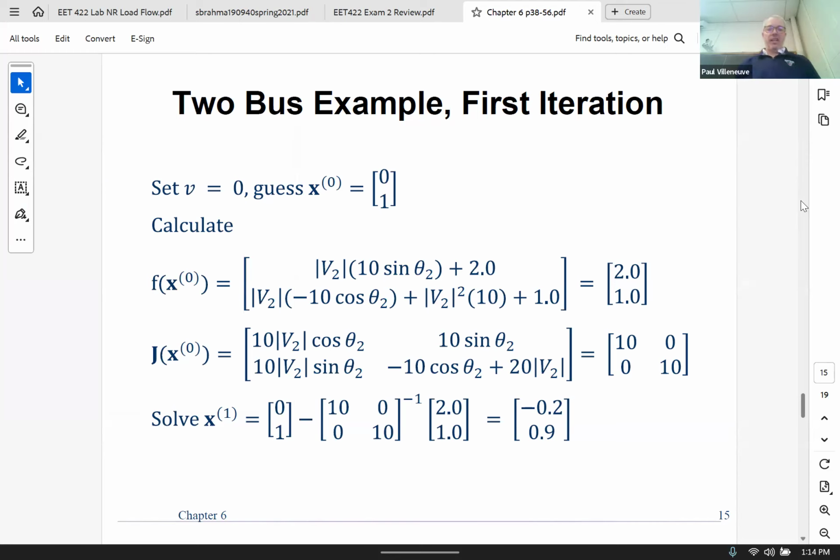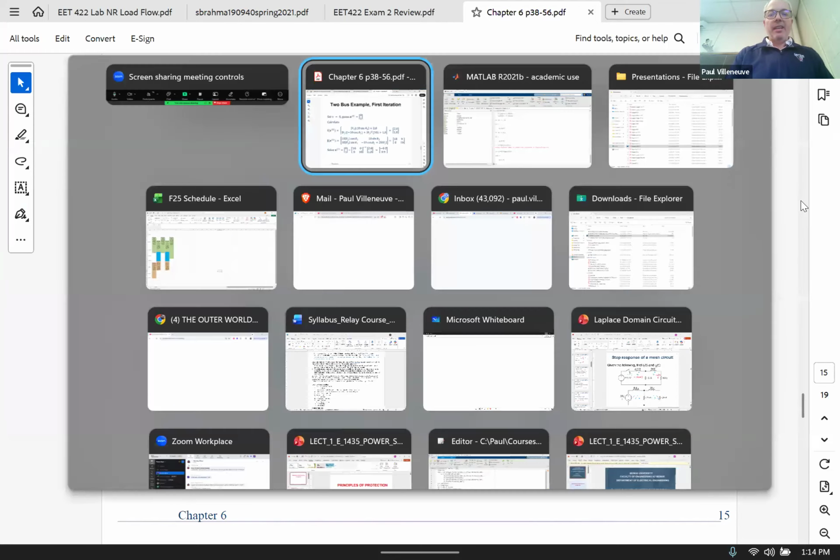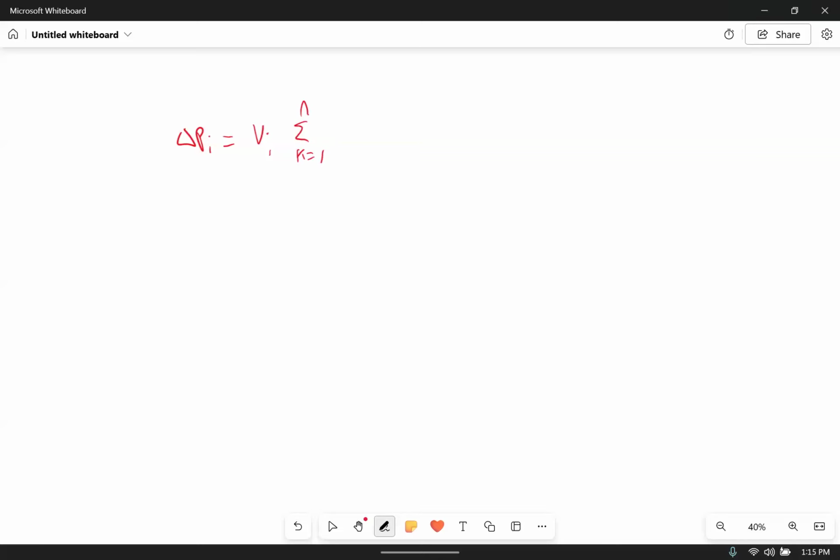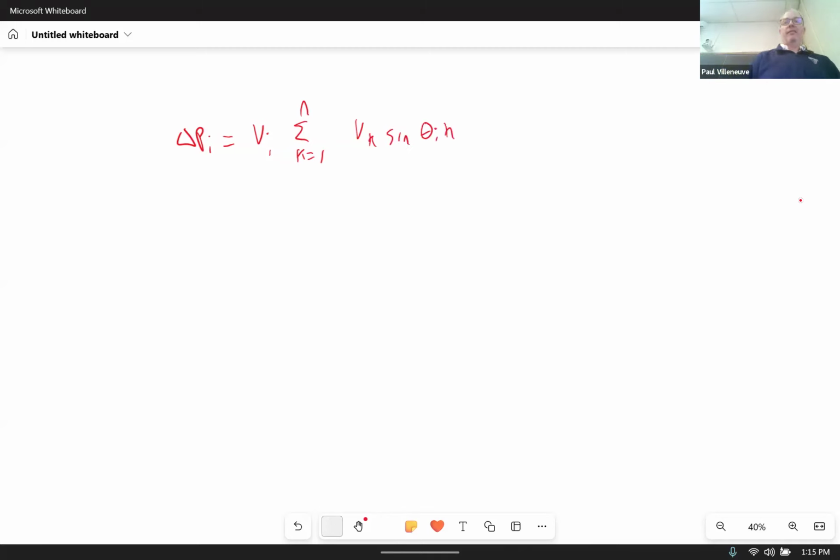No, that's different. You're talking about, let me show you what I mean. When I do my power balance equation, this is i, and then I have a summation, k equals 1 to N. Let's say that this is Vk sine theta ik. So the i and the k that I'm talking about are here and here. That's the i term. And then k is going to be here and here. But that varies.